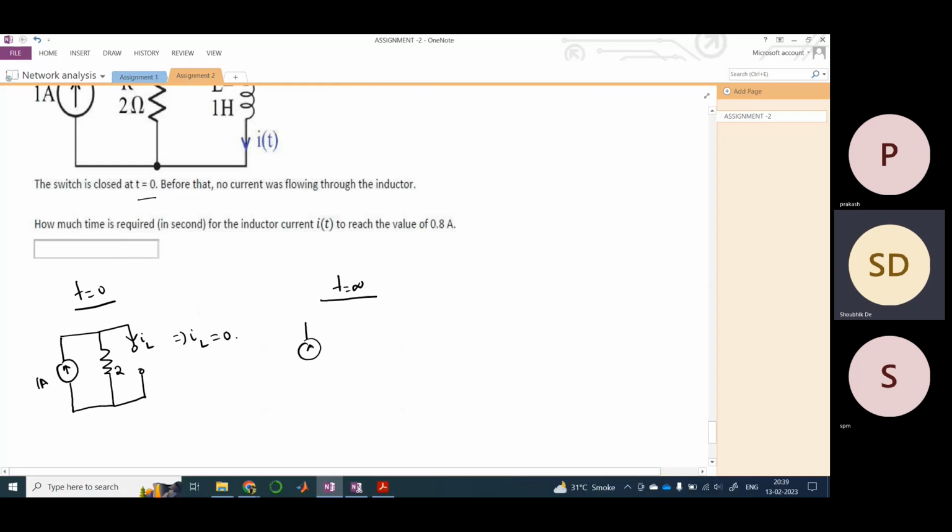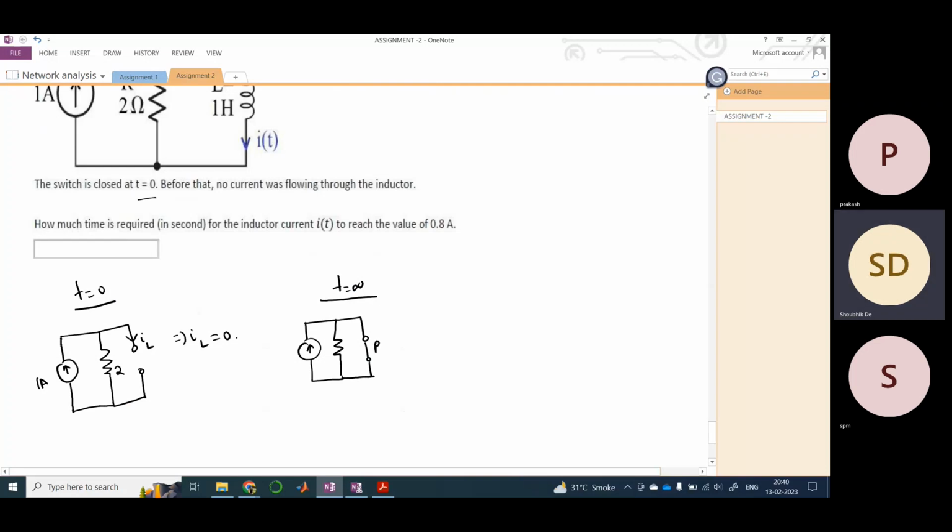And at t equals infinity it is very simple. This is 2 ampere again, this is 2 ohm, and this IL is shorted, because at time t equals infinity infinite current is flowing through it.